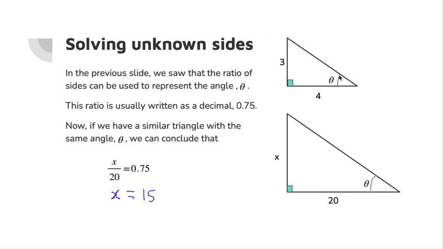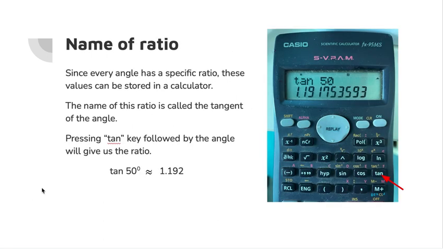Now, every angle will have a different ratio. So how will we know the ratio for any given angle? Since every angle has a specific ratio, these values can be stored in a calculator.